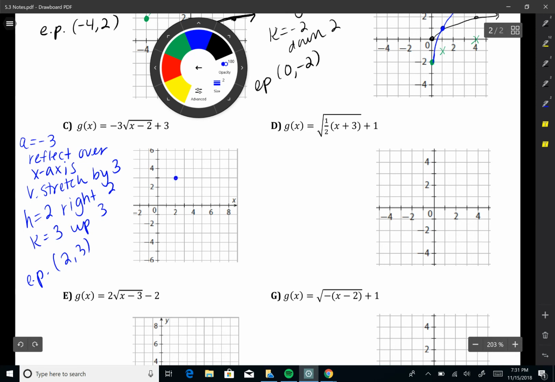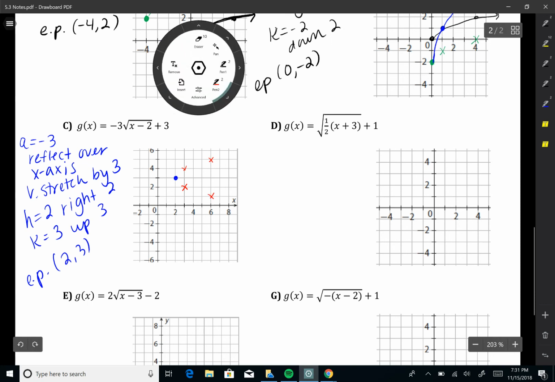So now pretending that that endpoint is the origin, our original graph would have been starting there and gone right 1, up 1, right 4, up 2. But we reflected that. So actually, that would go right 1, down 1, right 4, down 2. Okay.